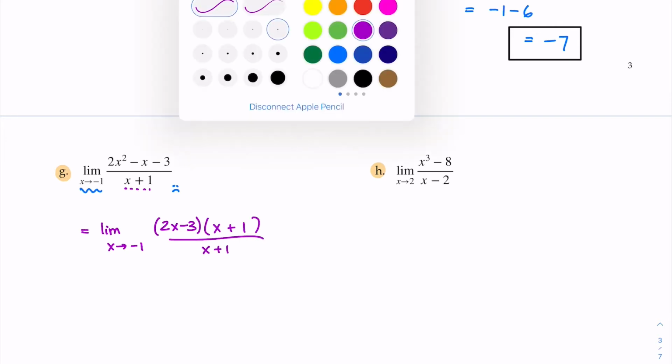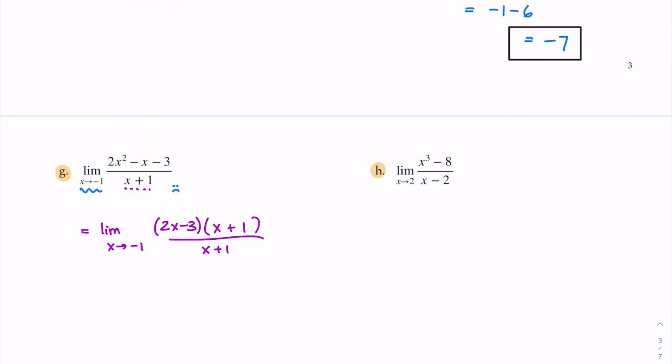And again, just like we did in the problem up above, we cancel out these factors. And again, because we haven't plugged in the -1 yet, we still need to be perfect with our notation and writing the limit expression every time. And now we can just plug in this -1 like we would do in, heck, back to middle school. And we can say, all right, 2 times -1 is -2 minus 3 is -5.